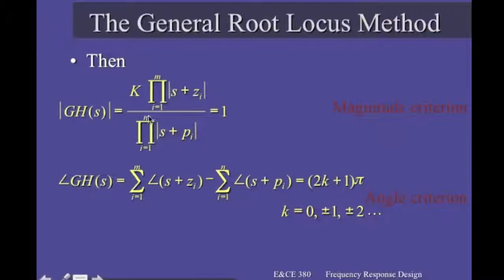So when we fix K, and of course we have zeros and poles, the two criteria allow us to calculate the poles of the closed loop transfer function, and to check if at least one of them is positive or has a positive real part. In that case, our closed loop system would be BIBO unstable.